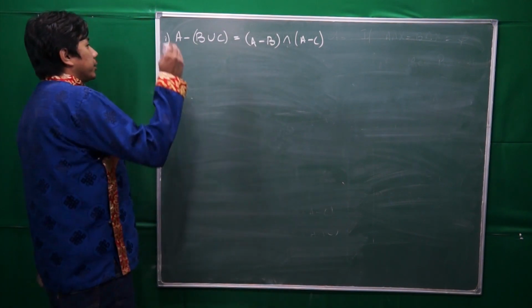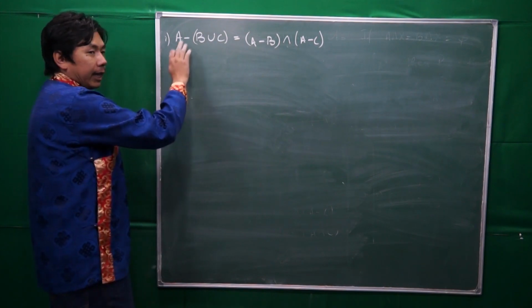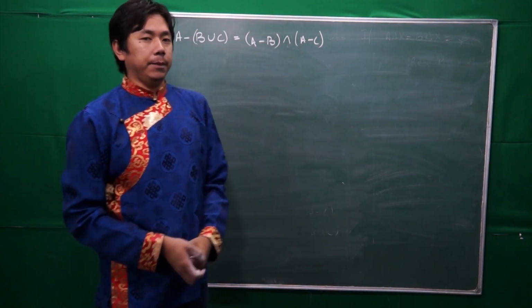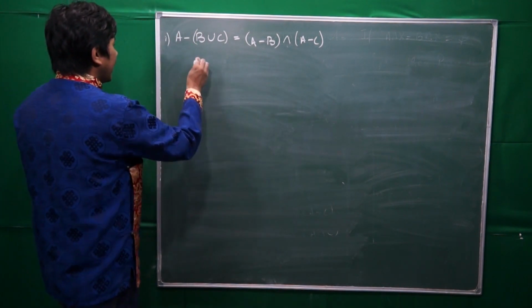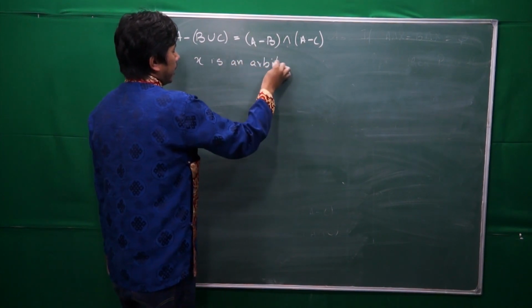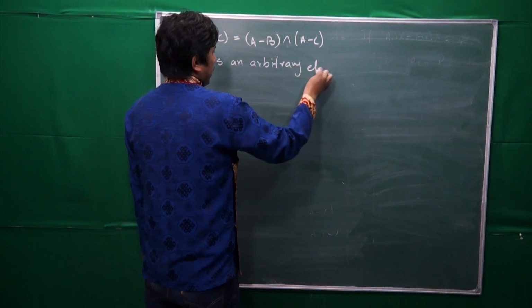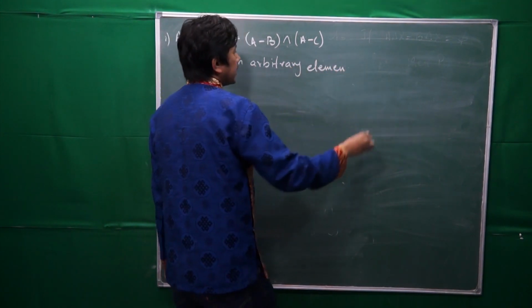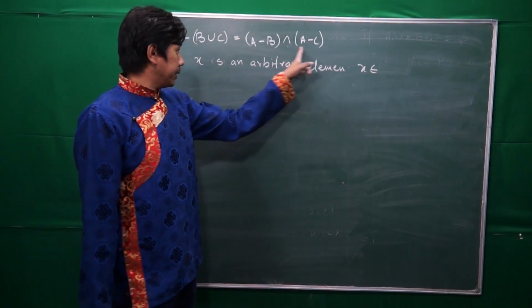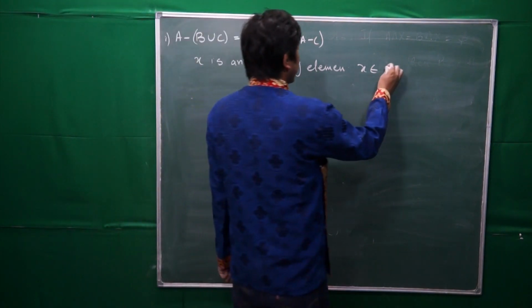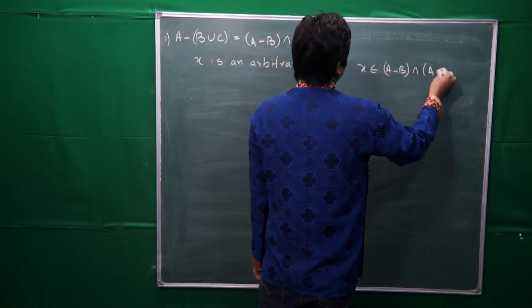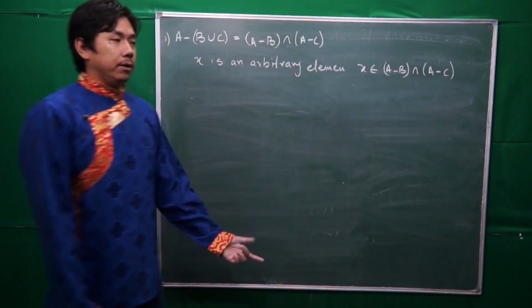All right. So to begin with, we have A minus B union C equals A minus B intersection with A minus C. Okay. Now let's say X is an arbitrary element such that X belongs to this set. Okay. The set is A minus B intersection with A minus C. All right.